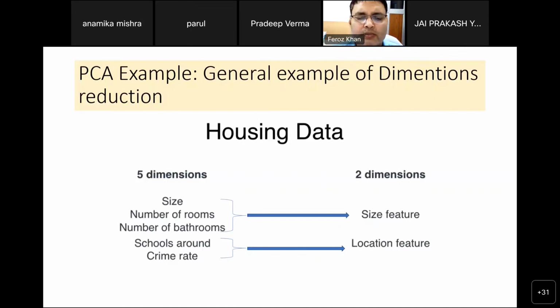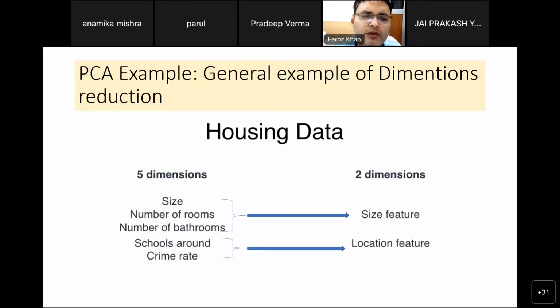In the first diagram, the axis arrows indicate you can club them together and make another property, which is called the location feature.